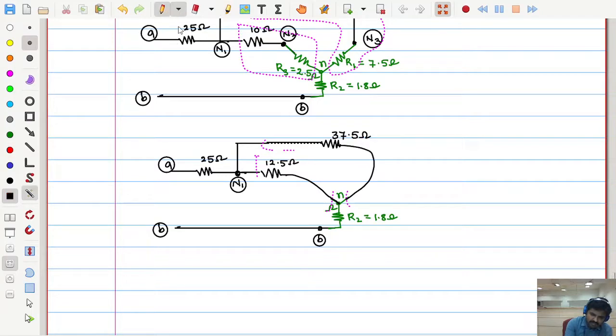If so, what are they? Can you see here? These two elements, where are they connected? Between N1 and small n. These two have a common pair of nodes. 12.5 is connected between N1 and N. 37.5 is also connected between N1 and N.